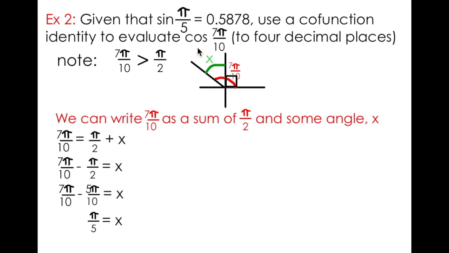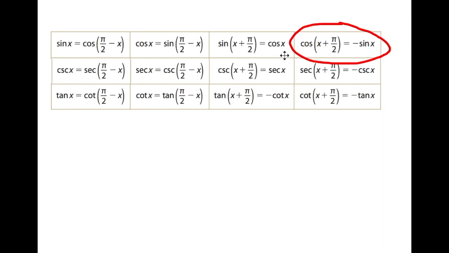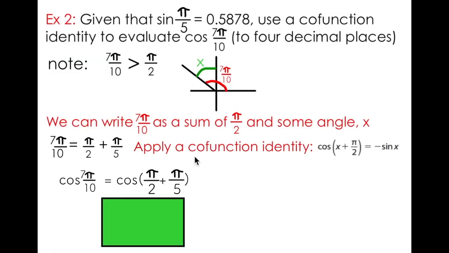It would also be helpful if the identity had cosine in it, because remember, we're trying to evaluate the cosine of 7 pi over 10. So I go to my list of identities, and I see this cofunction identity here. It involves the sum of pi over 2 and x, and it also involves cosine. So if I apply this cofunction identity, and the work I just did to find pi over 5 as my angle, I can say the cos of 7 pi over 10 is equal to the cos of the sum of pi over 2 and pi over 5.